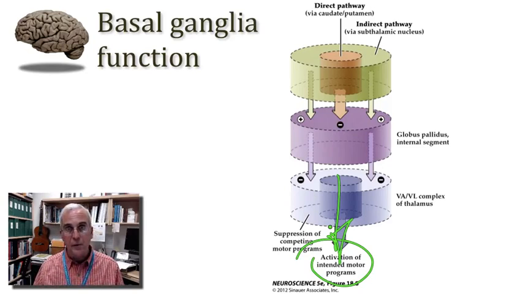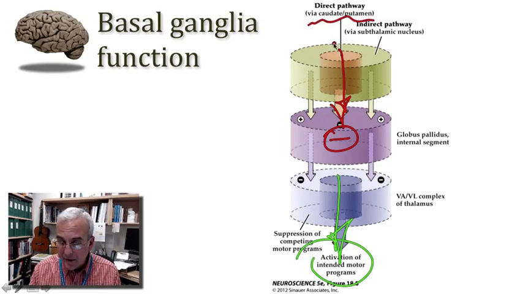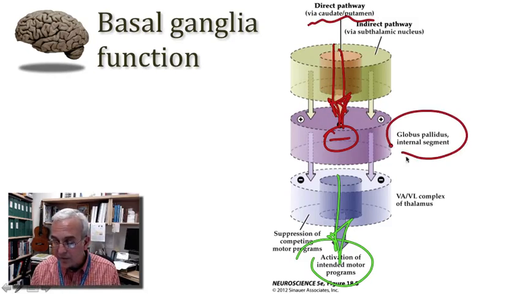Release of the motor thalamus means that we need to have a way of shutting down the inhibition from the internal segment of the globus pallidus. And that's where this direct pathway comes in. So the direct pathway, via the caudate and the putamen, sends inhibitory signals into the internal segment of the globus pallidus, which then removes the inhibition.